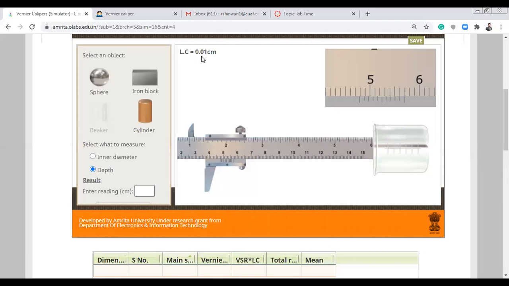So 4.7 plus 9 multiplied by 0.01, 9 multiplied by 0.01 equals 0.09. When 0.09 is added to 4.7, it equals 4.79 centimeter. These are the final readings.